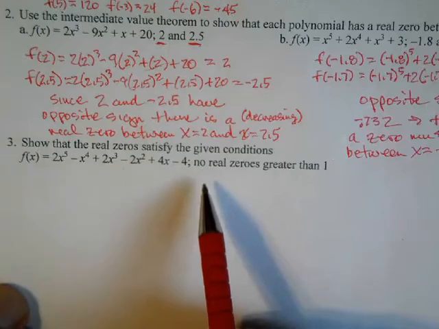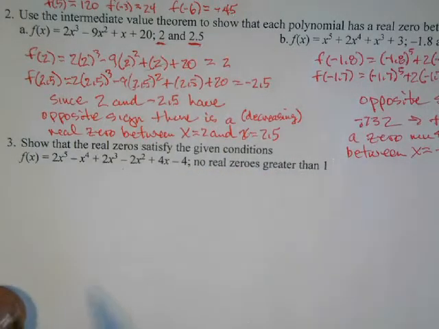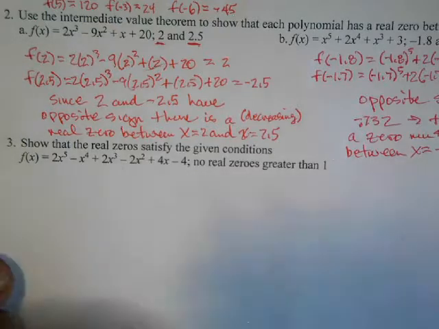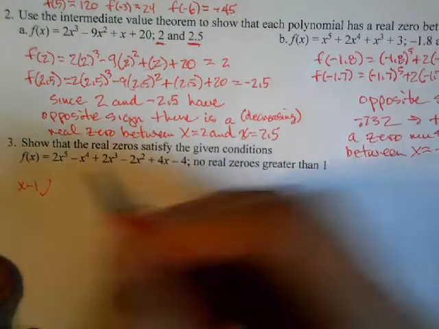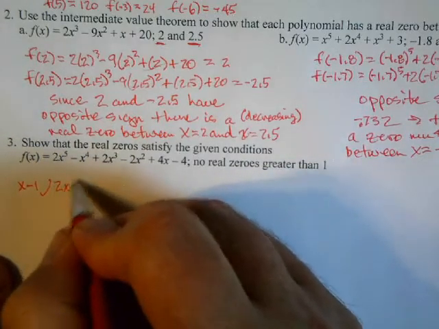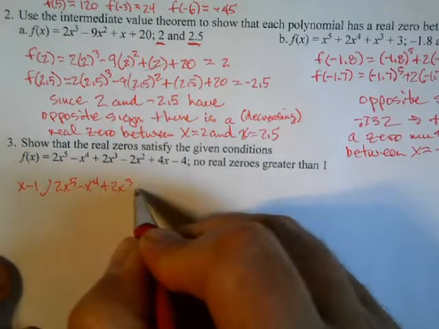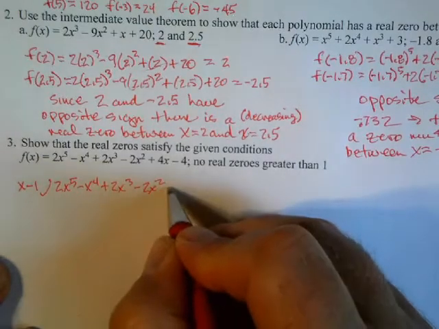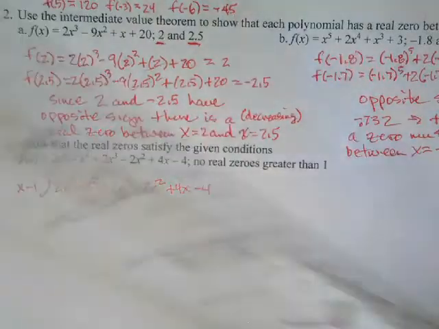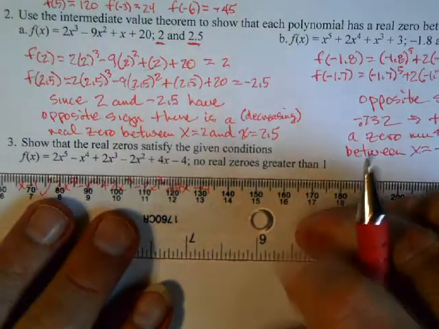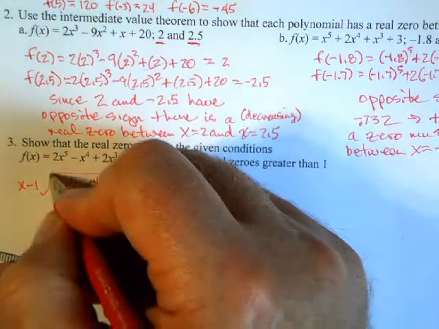So what we're going to do is our long division. And so we have 2x to the 5th, subtract x to the 4th, plus 2x cubed, minus 2x squared, plus 4x minus 4. Now we're going to do the long division. So we're going to start off with 2x to the 4th.